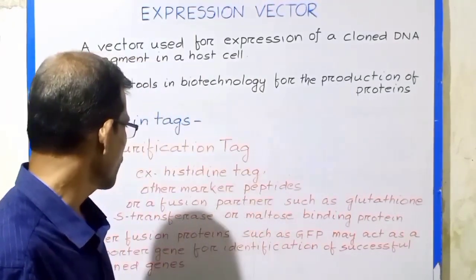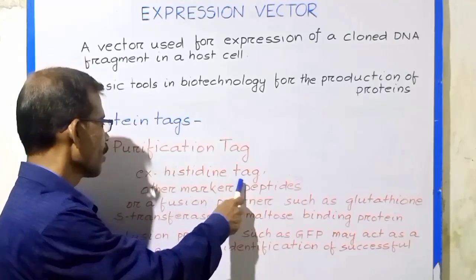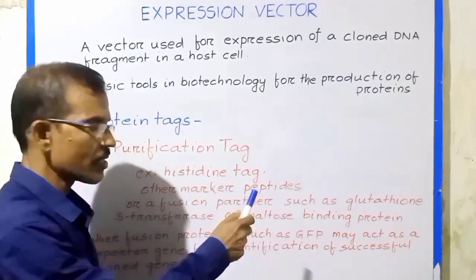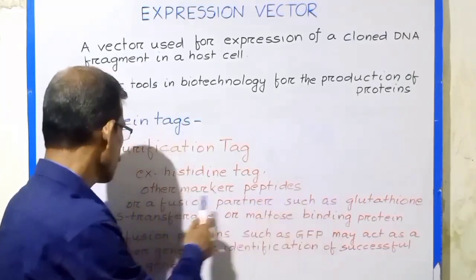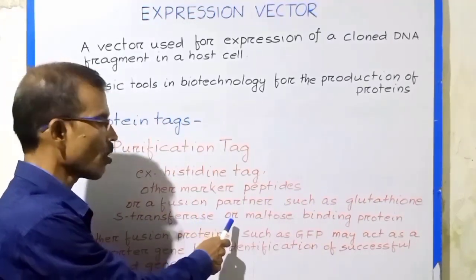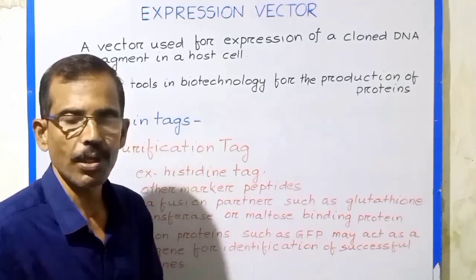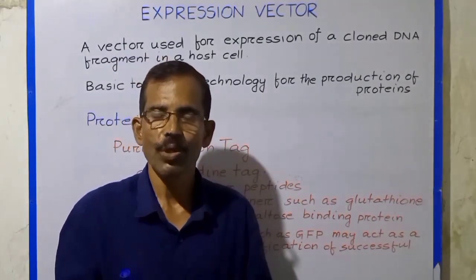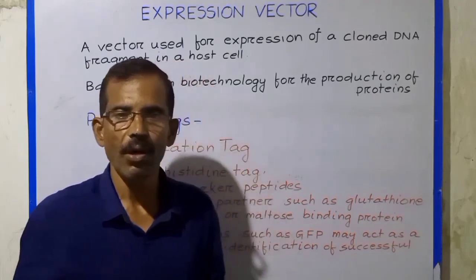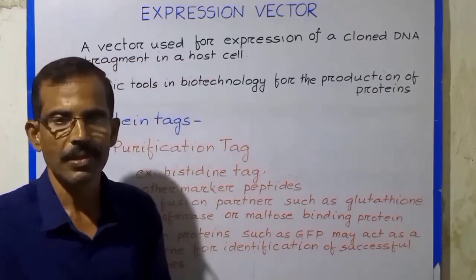The tag could be a histidine tag, other marker peptides, or a fusion partner such as glutathione S-transferase or maltose binding proteins. Some of these fusion partners may also increase the solubility of some of these proteins.